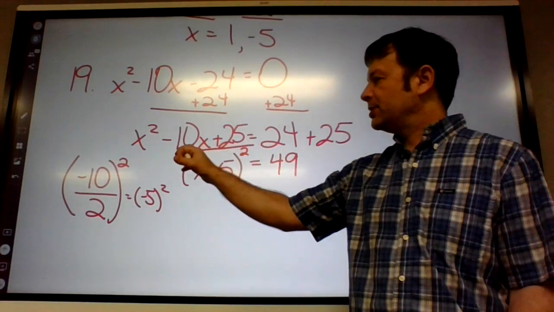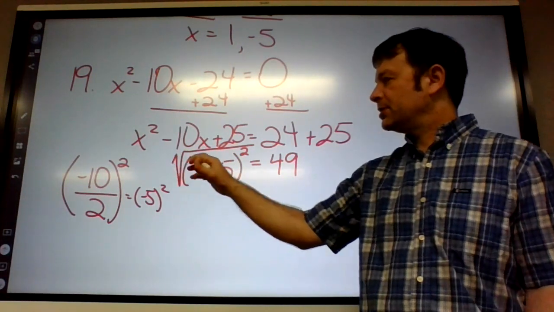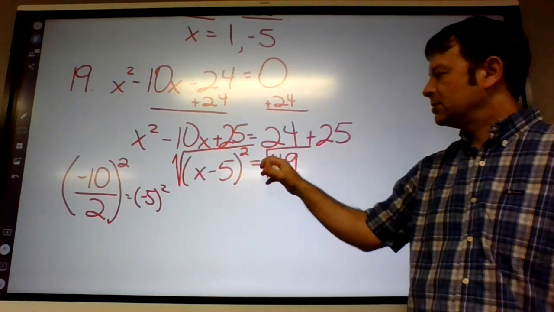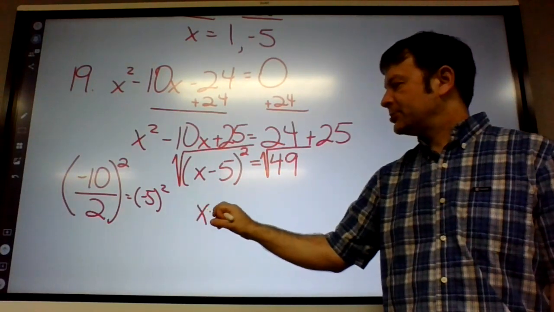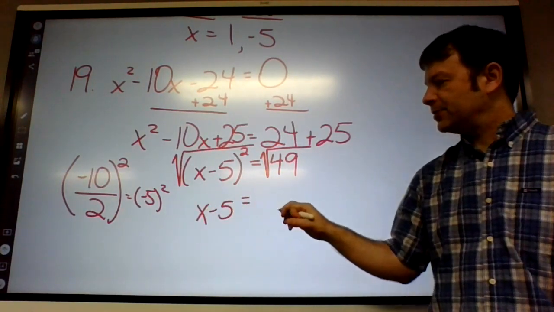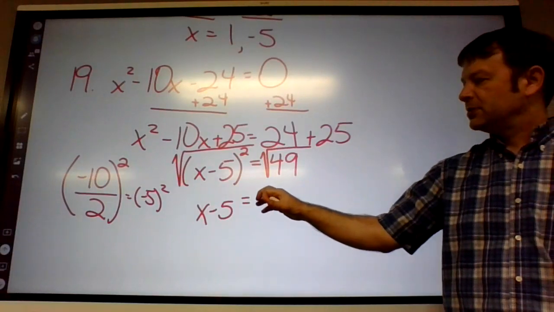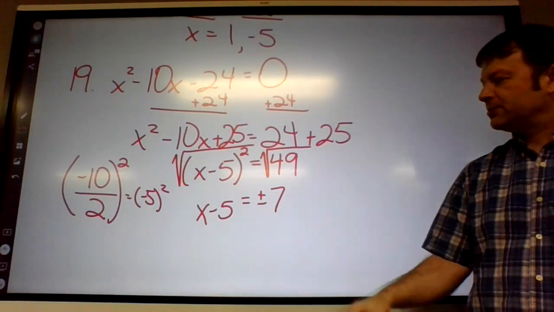So I'm going to square root to get rid of the square. So I get x minus 5 equals plus or minus 7.